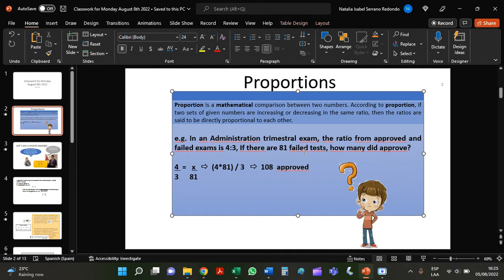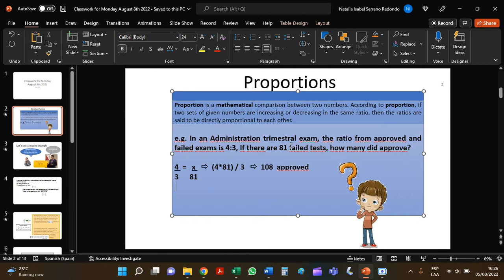Now, this exercise we did in class, okay? So you have to remember, as you said, regla de tres, we have to organize the numbers correctly. 4 approved, 3 failed. So in this example, the 4 is in the numerator position, which means the numerator holds the approved tests. 4 approved, 3 failed.